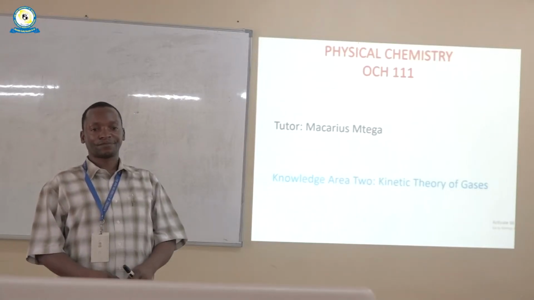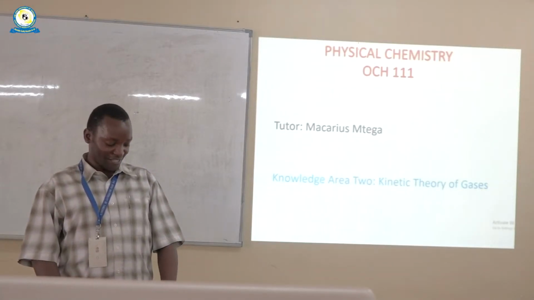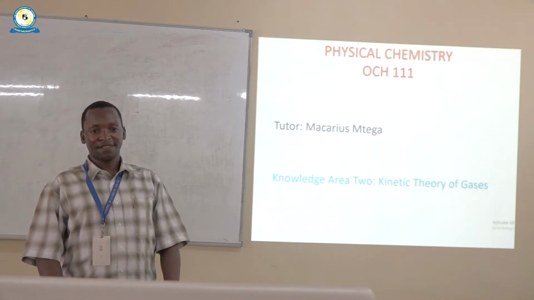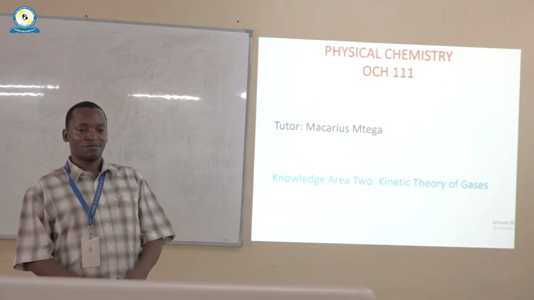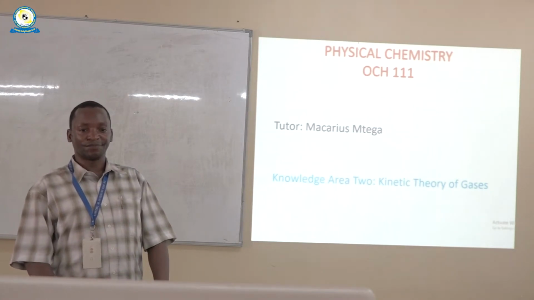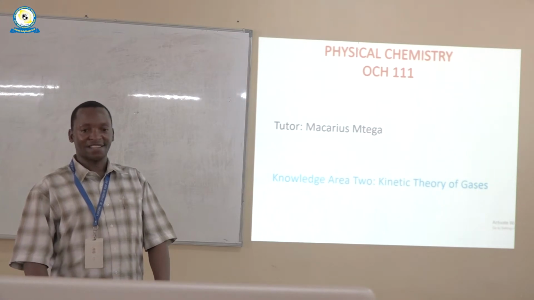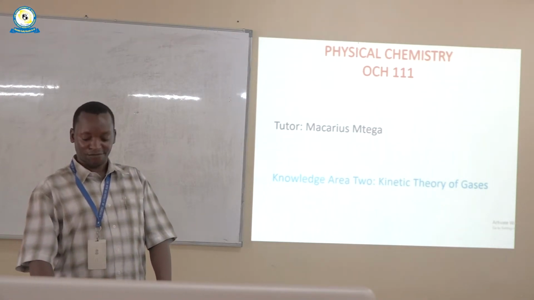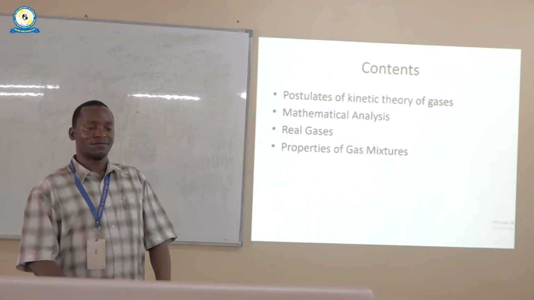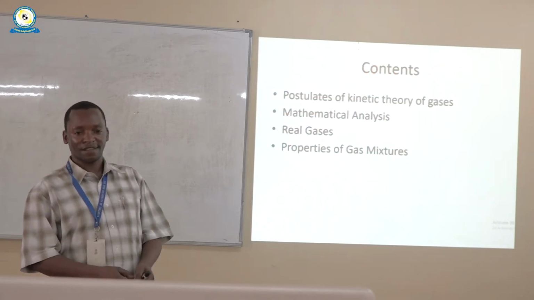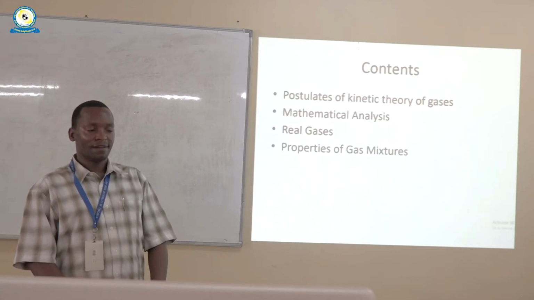Physical chemistry. Last we had seen in knowledge area 1 about properties of gases. Now we go to knowledge area 2, where we have kinetic theory of gases. It is a continuation of properties of gases.